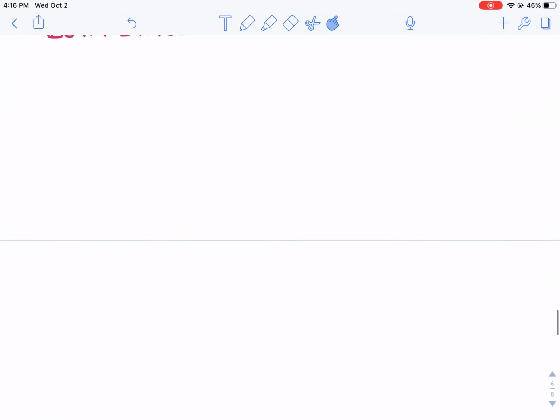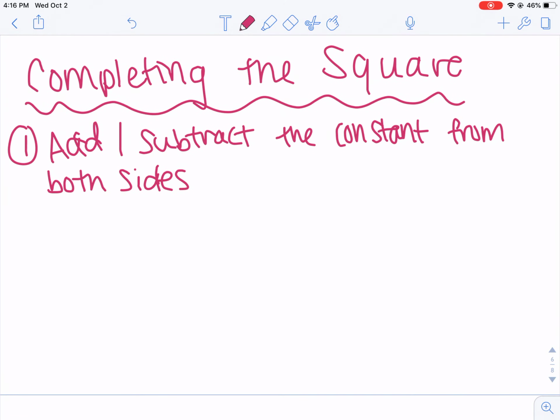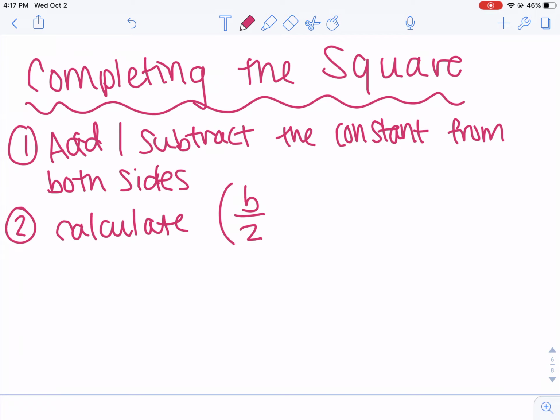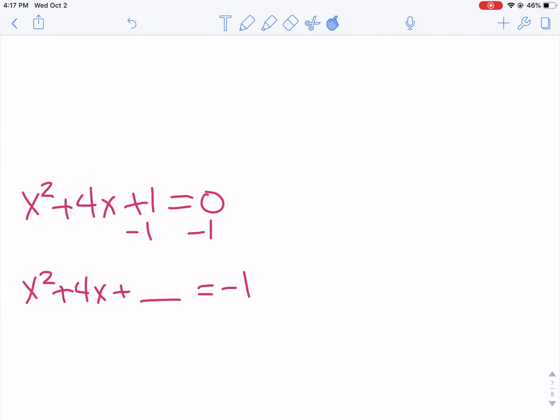So step 2 is you calculate b over 2. And then we're going to actually end up squaring it. So (b over 2) squared. So off to the side over here, I'm going to do b over 2, and I'm going to square it.